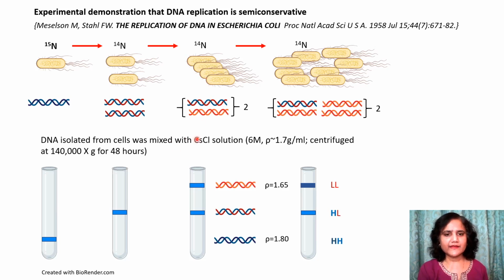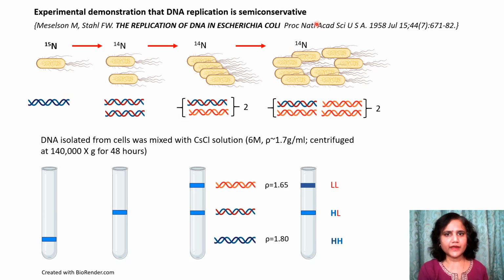It was mixed with a cesium chloride solution, 6 molar, with a density of 1.7 grams per ml, and this was then centrifuged in an ultracentrifuge at 140,000 g for 48 hours to form a density gradient. So in this, the higher density would be at the bottom of the tube and the lower density would be near the top of the tube.